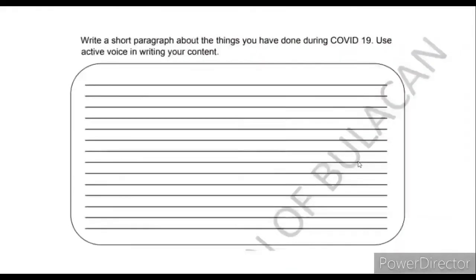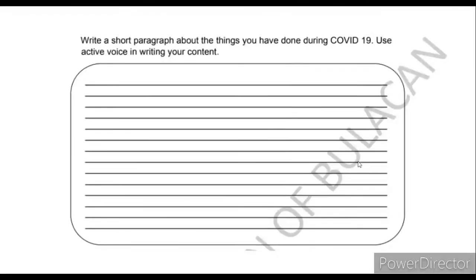On page 16, write a short paragraph about the things you have done during COVID-19. Use active voice in writing your content. So in this part, you will write at least one or two paragraphs about the things that you have done or accomplished during COVID-19.